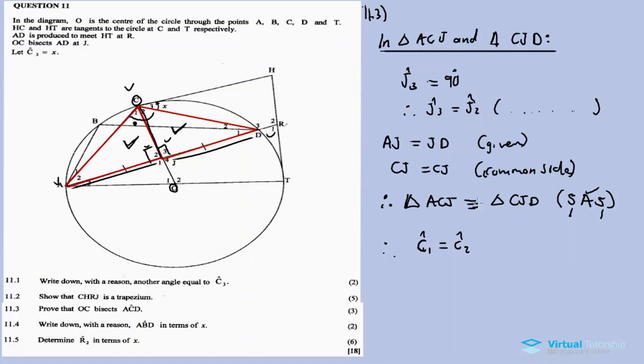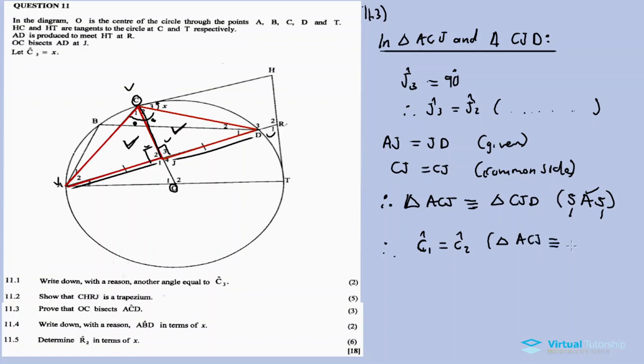Yes, they are congruent. So therefore, in conclusion, C1 and C2 are equal. Why are they equal? It's because these two triangles are congruent.